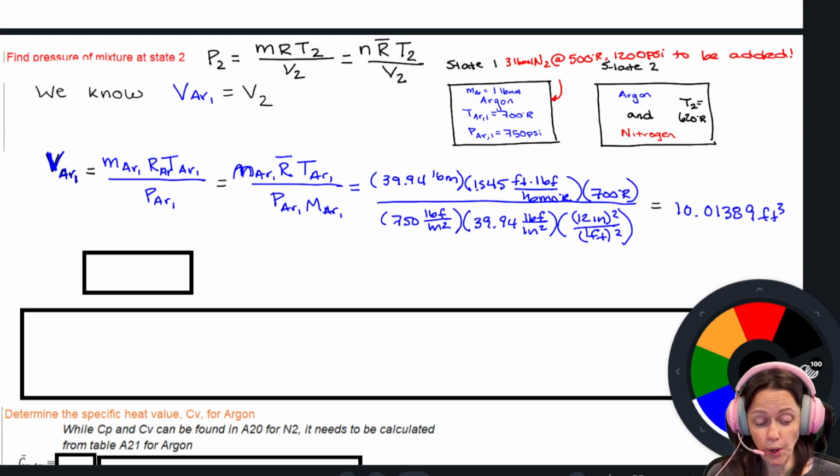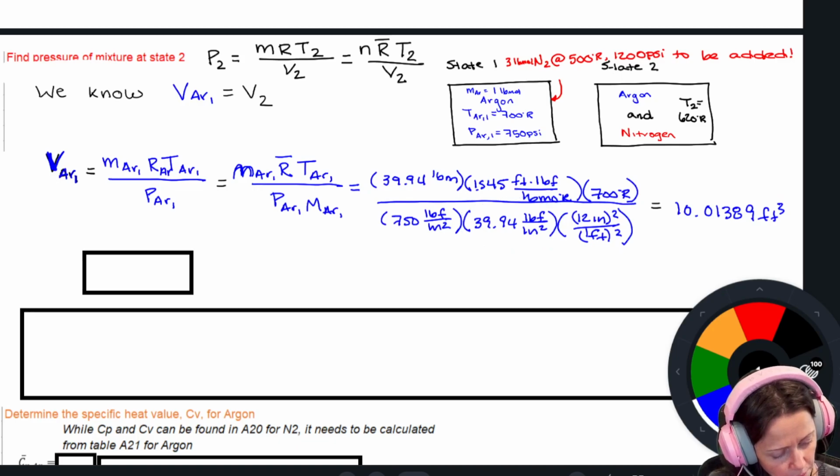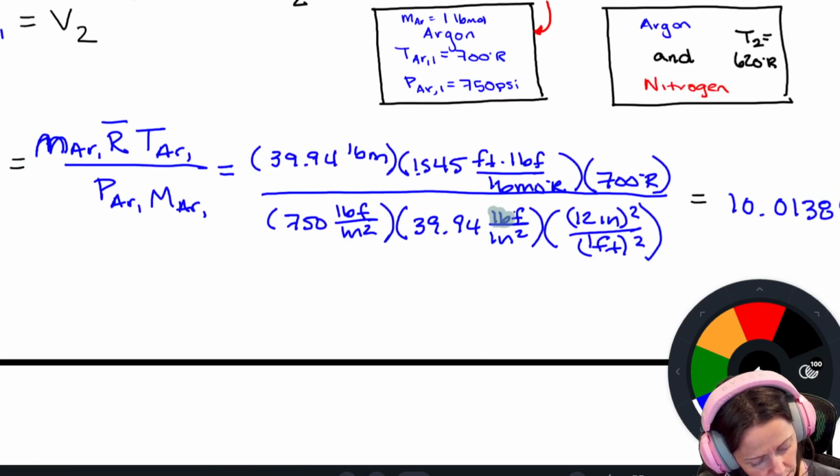All right, so I had calculated, remember if you look up at your table, we do know the pound mass or the mass of the argon. R bar is the 1545. The temperature is given to us as 700 degrees Rankine. I know the pressure is given to me, 750. Again, the molar mass is not pound, oh, I think I got excited there.